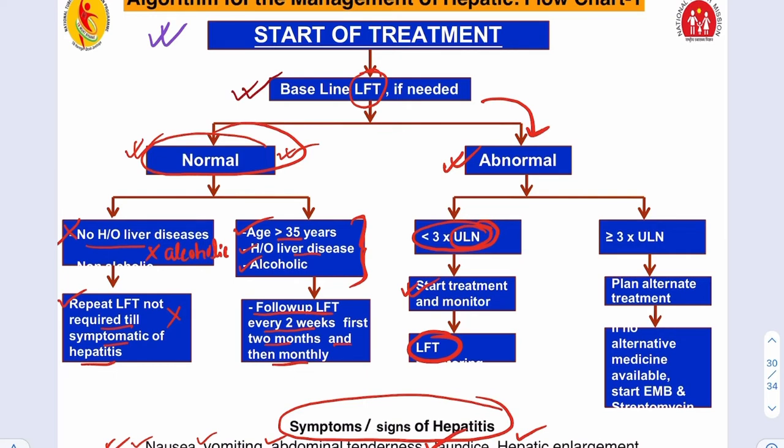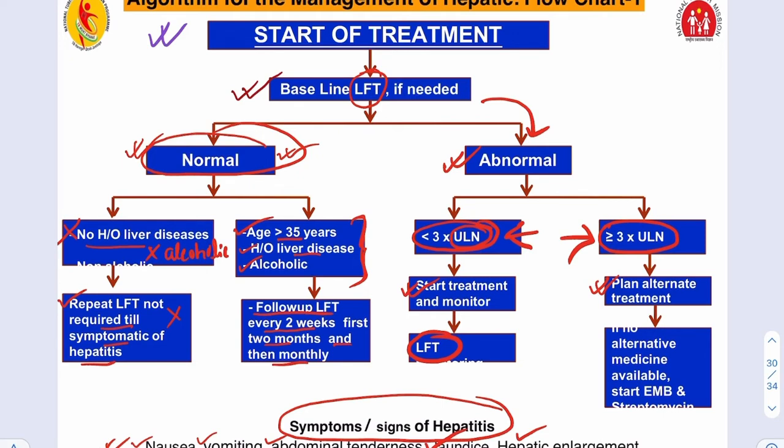Now, if the level of transaminases is raised and it is more than or equal to 3 times the upper limit of normal, it was below 3 times, now it is above or equal to 3 times the upper limit of normal, we need to plan alternate treatment, because we will not be able to use the first line anti-tubercular agents because they are quite hepatotoxic.